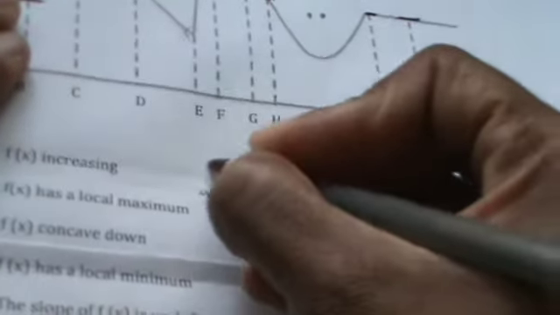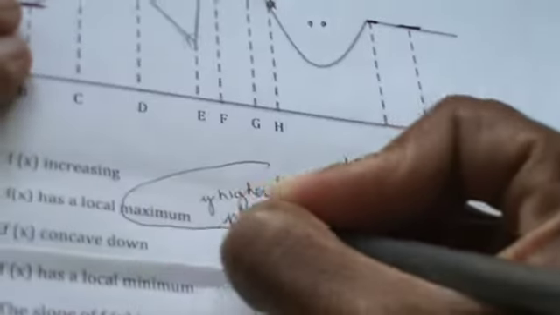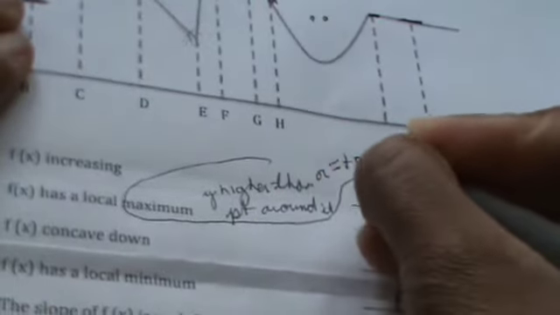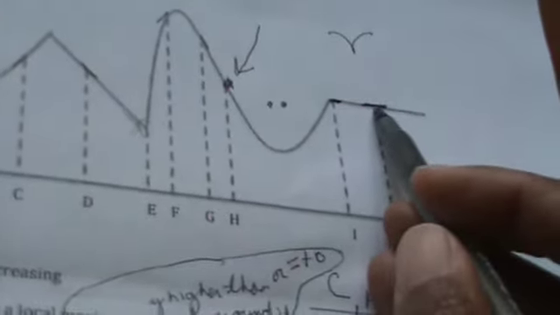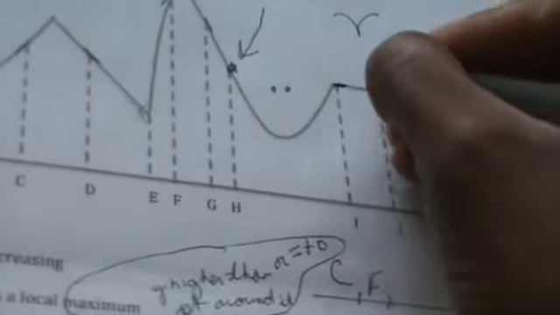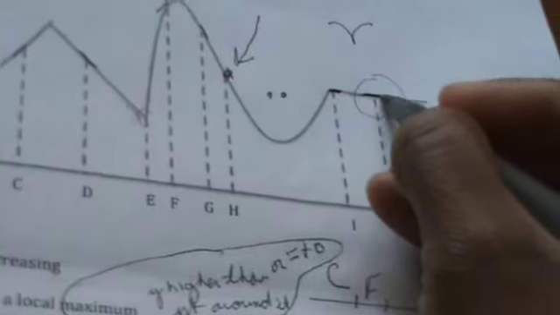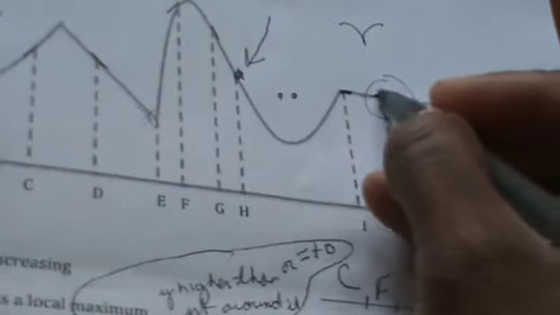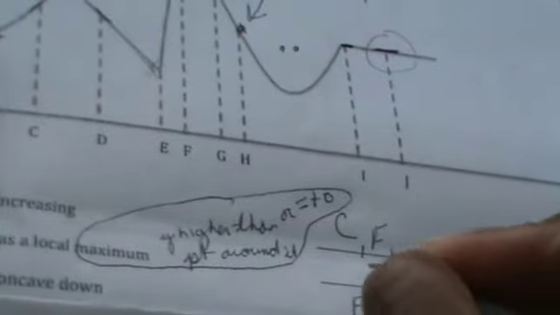That's how a maximum is defined. That it is higher than or equal to all of the points around it, which means there's a max right there. Because if I were to circle the region right around J, then all of these y values would be exactly the same. They would be equal to each other. Okay, so J could go here as a local maximum.